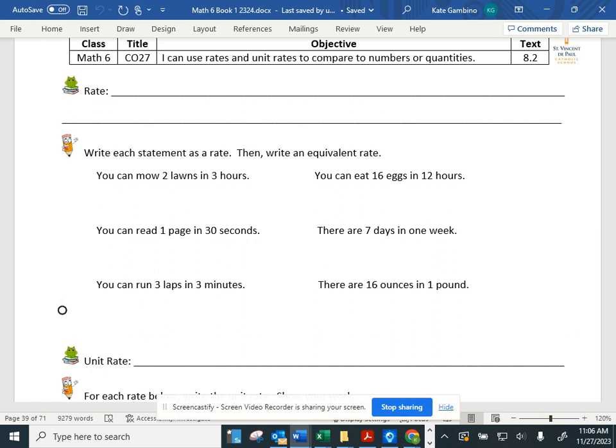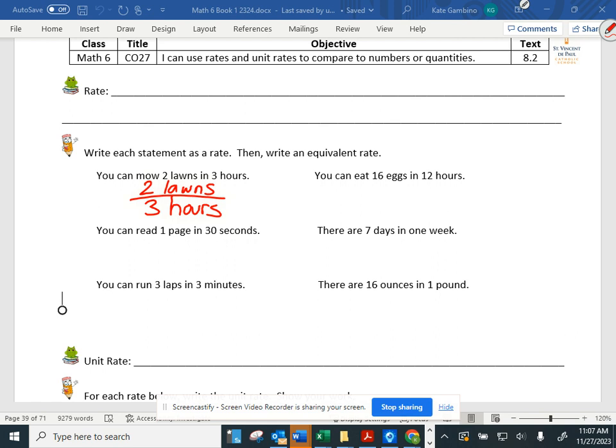So when we're doing rates and finding the equivalent rates, we would say mowing 2 lawns in 3 hours. Okay, so we need to be able to take what they're giving us and then find an equivalent to it. What do I do to find an equivalent? Same thing as equivalent fractions, same thing as equivalent ratios.